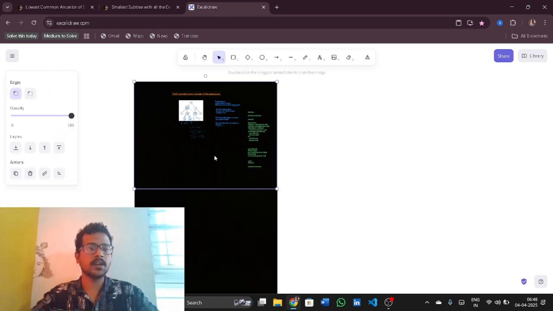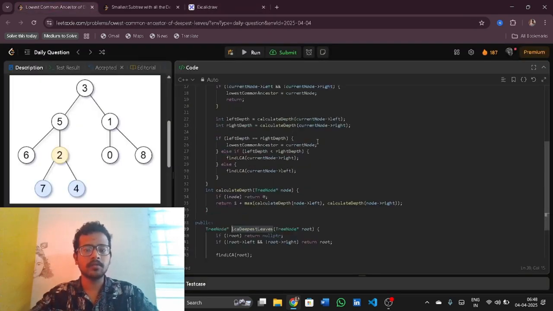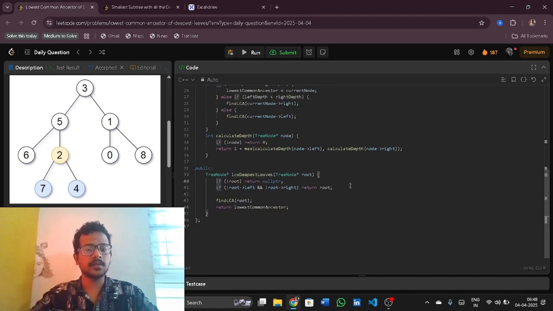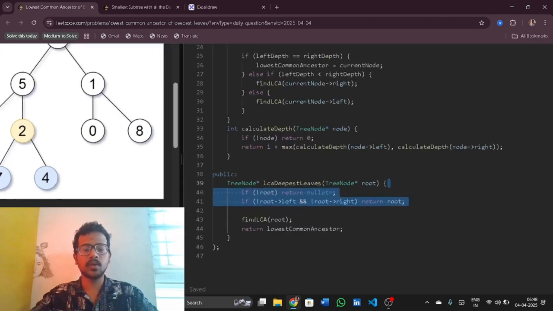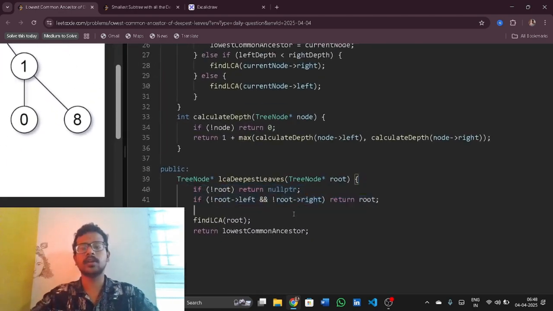So let me explain the code here. First thing, these are the edge cases: if there is no root node, then I will return a root null pointer. If there are no left and no right children, then I will return the root node. Now find LCA.